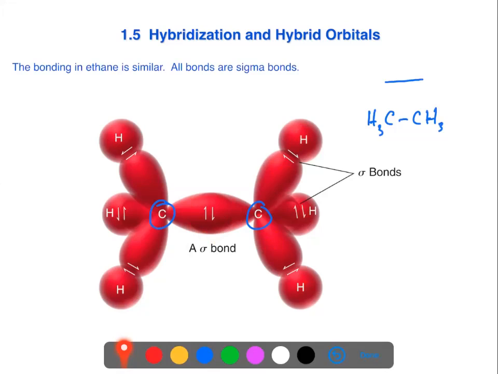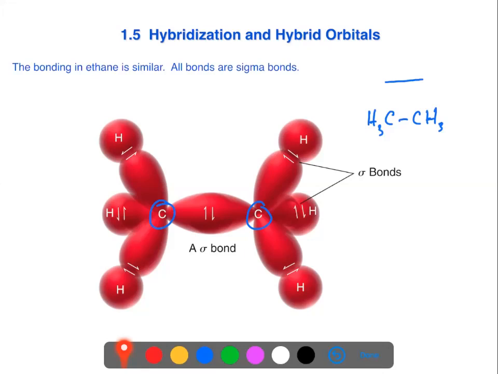Now the angles will be slightly different for ethane than methane, and again that has to do with the differences in the size of the carbon atoms and so forth, but generally they're taking on this tetrahedral arrangement around those carbons, so fairly close to 109.5.